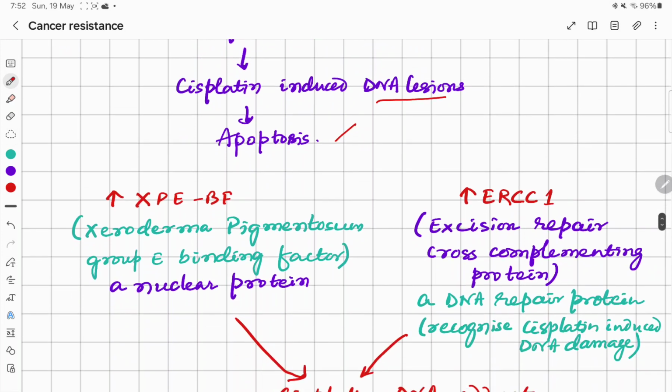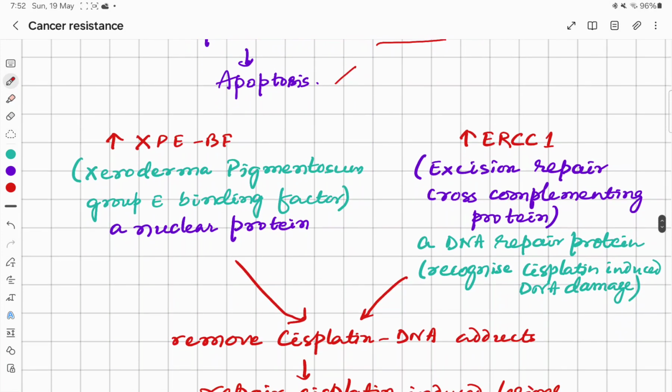So resistance occurs when there is increased expression of xeroderma pigmentosum group E binding factor and excision repair cross complementing protein, which is a DNA repair protein.